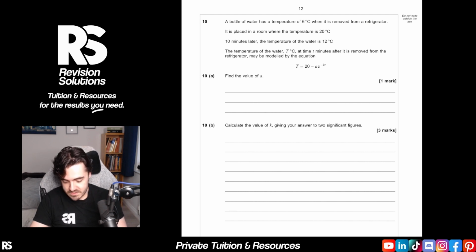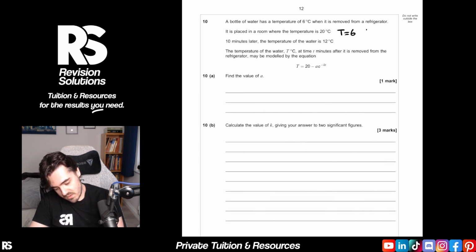So the first thing is to identify what information we have about this model from the question. So the main thing is that it starts at a temperature of 6 degrees centigrade. So how does that relate to the model? Well, that's telling us that capital T is going to equal 6 when little t equals 0. The second thing is we're hoping that it would tend towards room temperature.